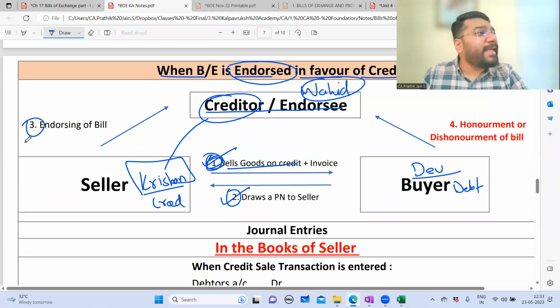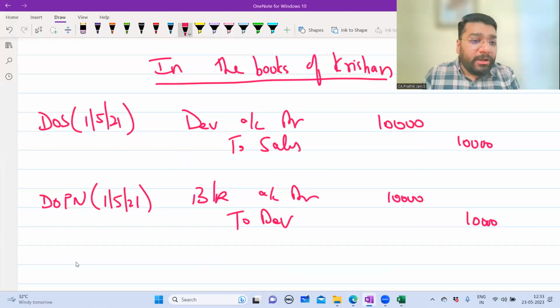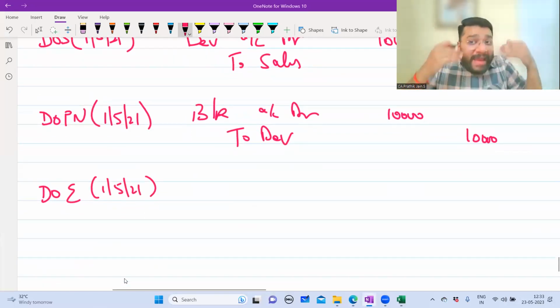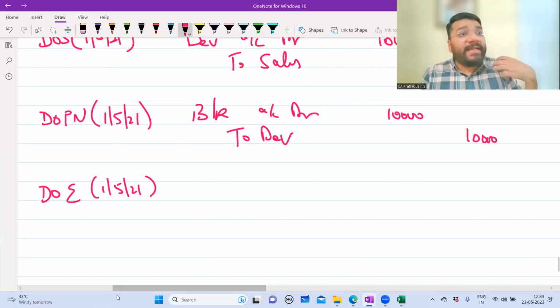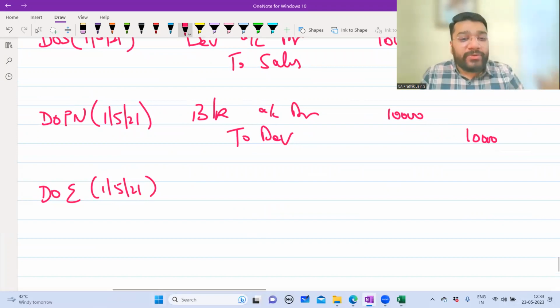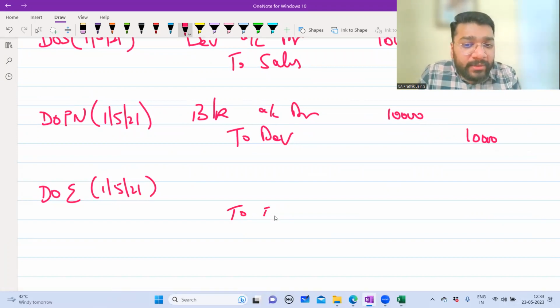Now the third transaction is happening between Krishan and Wahid, where the bill is being endorsed. So on the date of endorsement, which is 1/5/2021, from my hand, the bill is going to Wahid. So bills receivable is no more my asset. It is somebody else's asset. So my asset is reducing. To reduce my asset, I have to put it in credit. To bills receivable, 10,000 rupees.